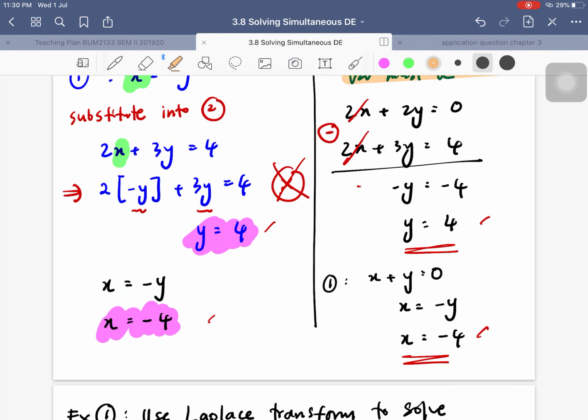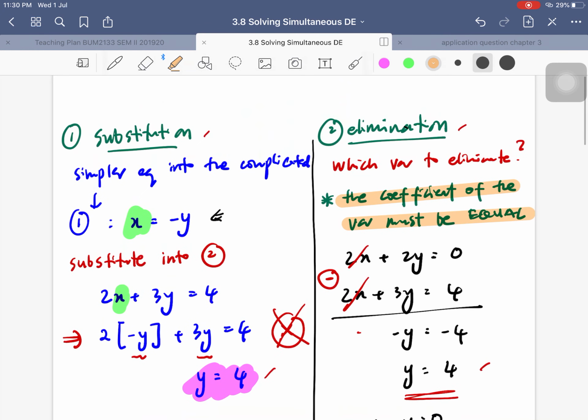Okay, so now that you have the idea, I'm going to show you 2 examples. For the first example, I'm going to use the substitution method. For the second example, I'm going to use elimination. And for you, I want you to pick which one you are more comfortable with. But what I notice is that if it's a first order differential equation, it's going to be a pretty simple equation.